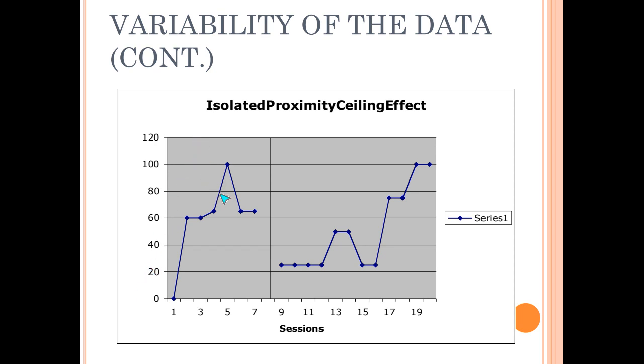We could also say there's lots of overlap between these two phases. And because of this amount of variability in both phases, it is difficult to make the case for an intervention effect. Essentially, the data pattern did not change a whole lot. The data is scattered all over the place in baseline, and the data is scattered all over the place in intervention. We don't necessarily have a good argument to call this an intervention effect.